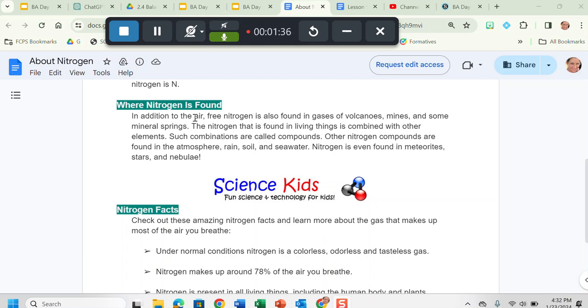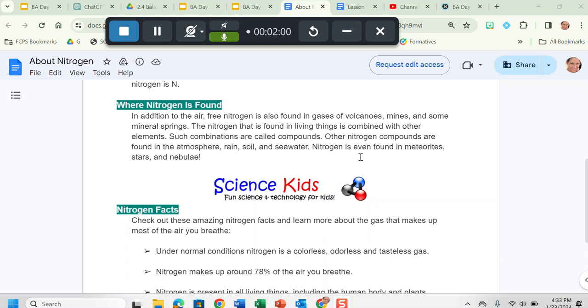We find nitrogen in the air, in our atmosphere. We find nitrogen in the gases coming outside of volcanoes, in some mines and some mineral springs. We also find nitrogen in living things in combinations, and we call combinations of atoms compounds.